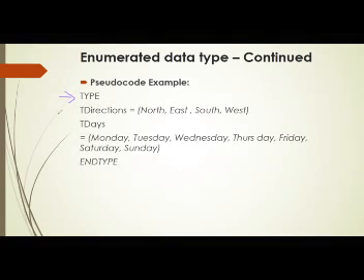Then what should the name of that data type be? The data type that I picked up from our syllabus is TDirections. This TDirections is going to become the name of my data type, just like integer is the name of a data type, just like string is the name of a data type. So this TDirections is going to become the name of the new data type.